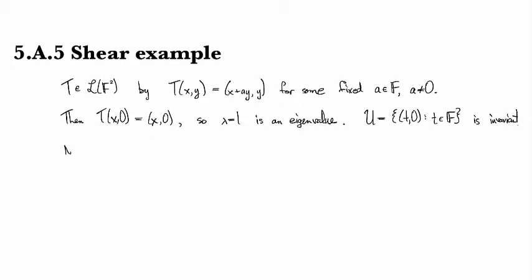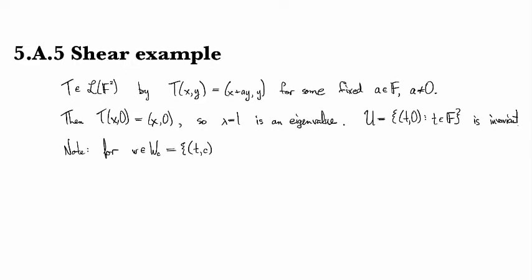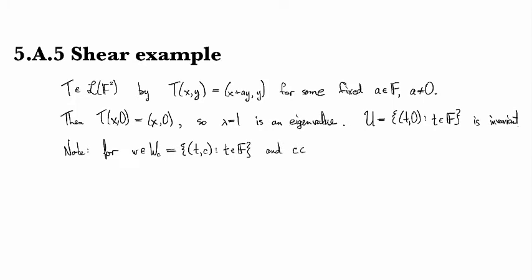And meanwhile, if we look at points of the set, I'll call it WC, and by WC I mean the slice at C, so all points of the form T comma C, where T ranges through F, and C is fixed.